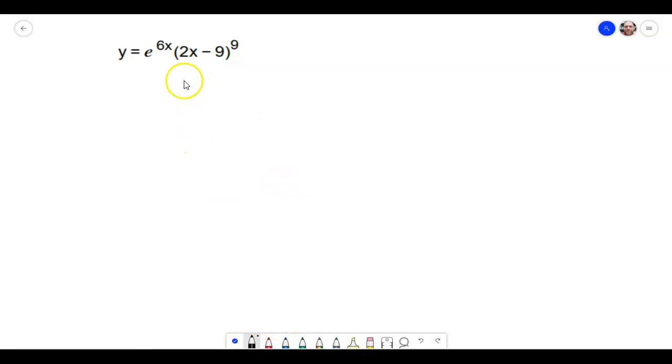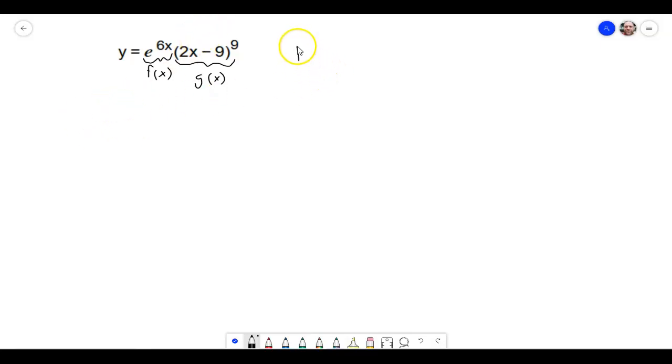If I call e to the 6x my first function, and 2x minus 9 raised to the 9th power my second function, and we'll call this f of x and this g of x, then this is the product of two functions. So I can encapsulate the entire problem as the product of two functions, and I'm going to start off using the product rule and see what happens from there.